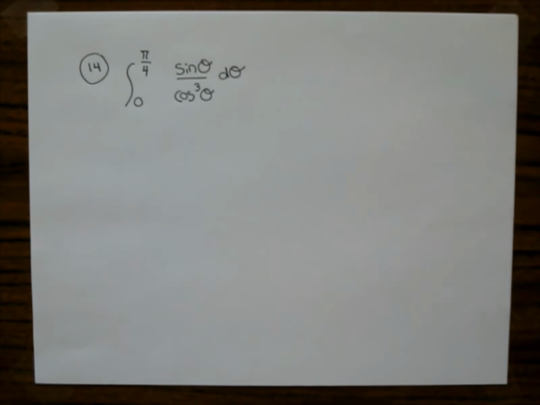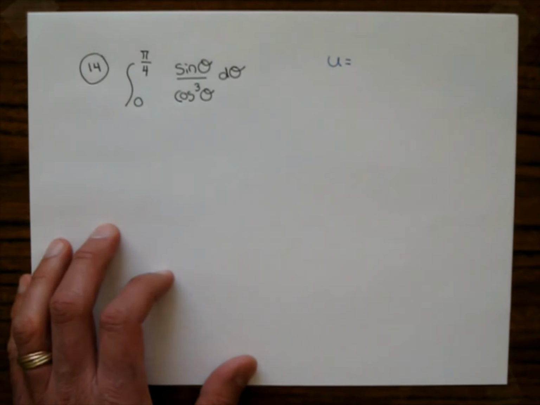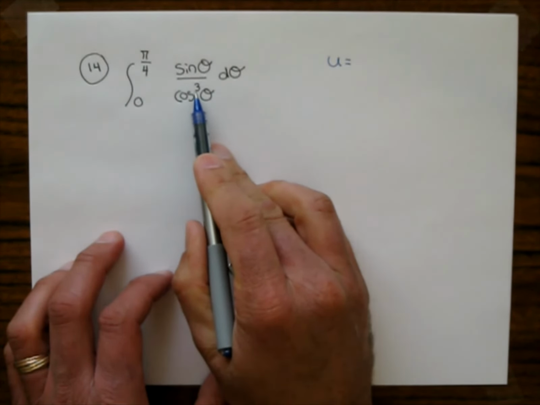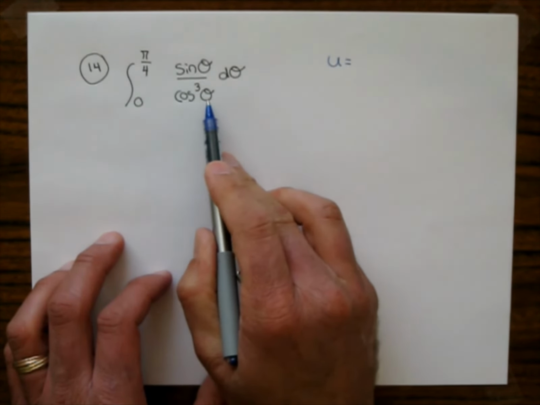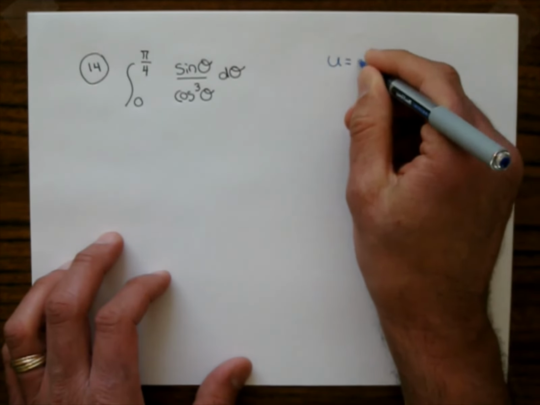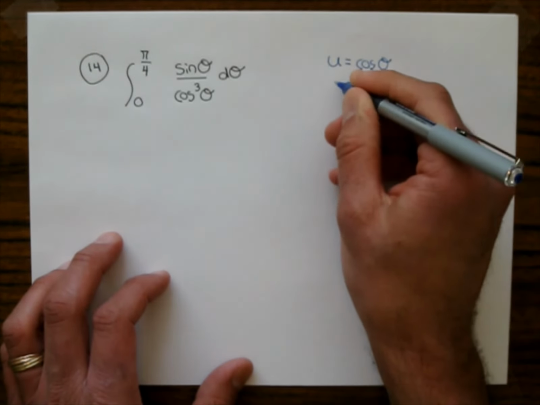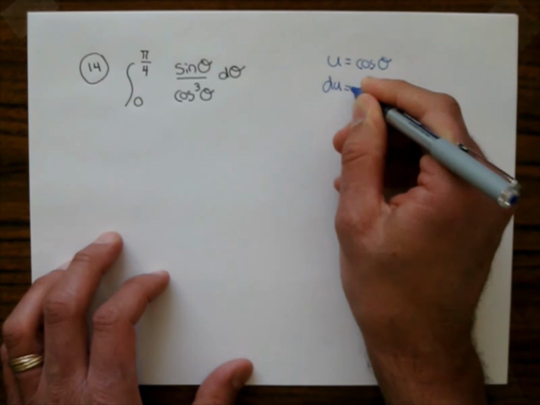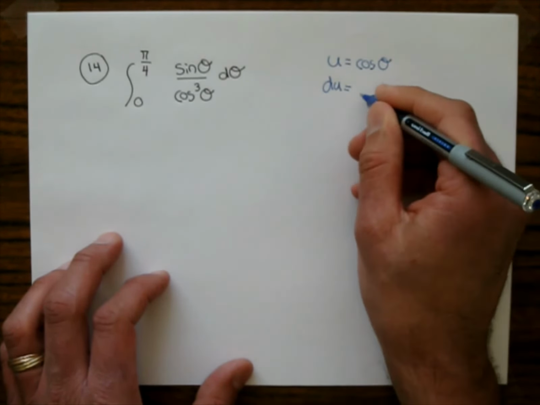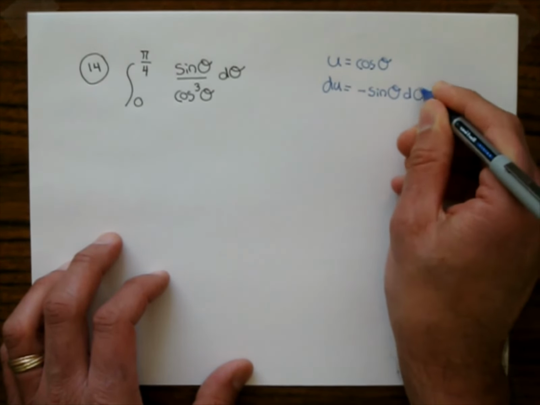Well, I've got to set u equal to something. Now, I have a cosine cubed. That's a cosine theta in parentheses with a cube on it. So perhaps the u could be cosine theta. du is the derivative of the cosine, which is going to be negative sine theta d theta.